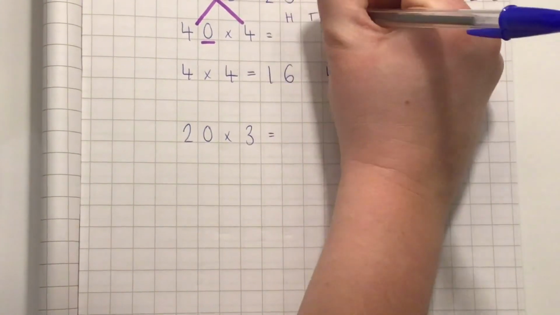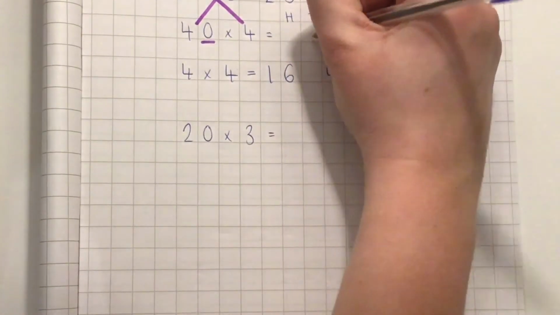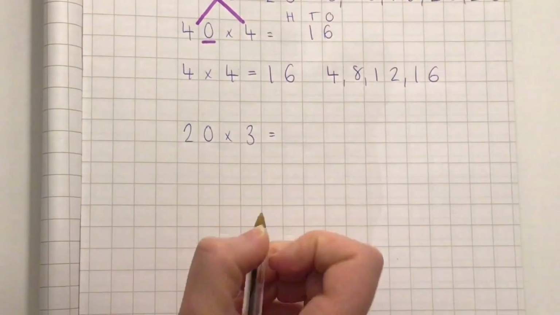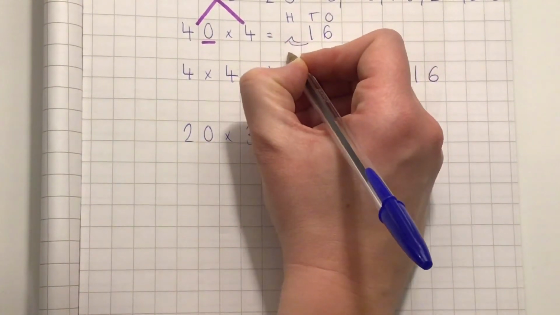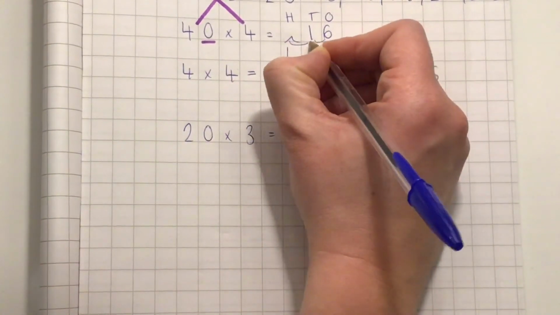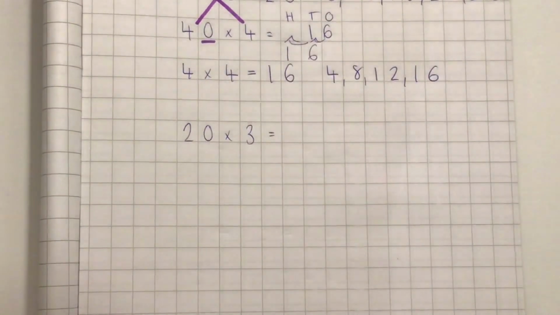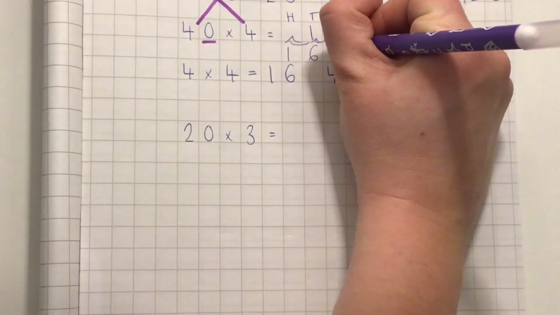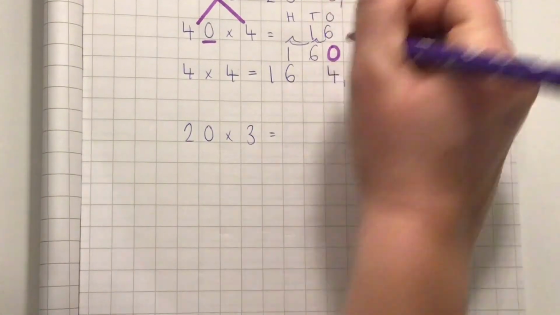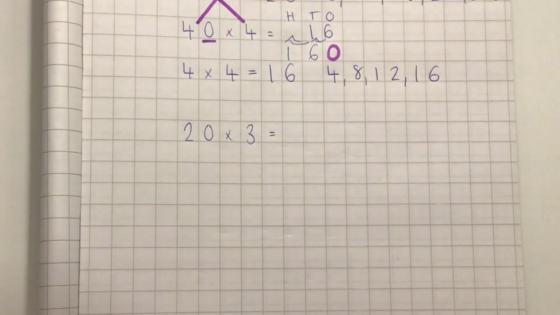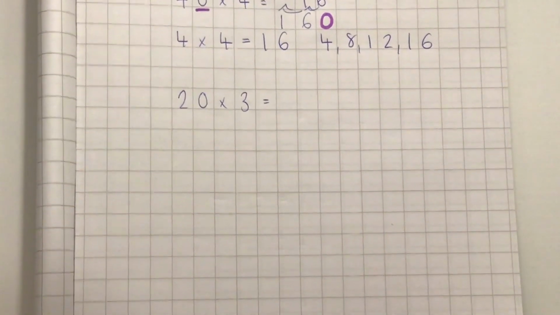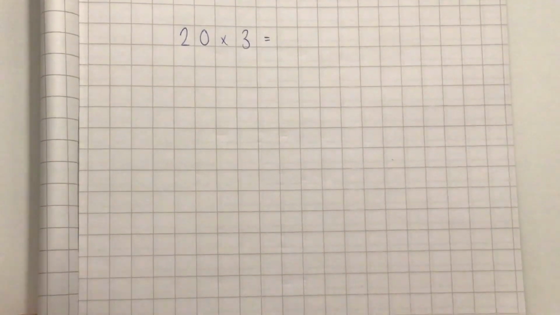Let's write our place values out. So we have 16, ready to move 1 space to the left. So 1 moves into the hundreds, 6 moves into the tens, place that 0 as our placeholder into the ones. So 40 times 4 equals 160. So hopefully you are following along okay so far.